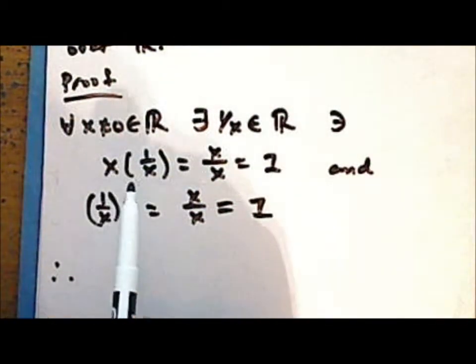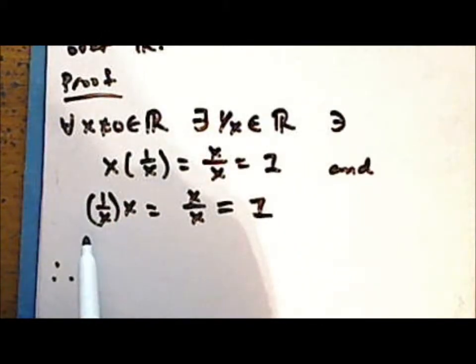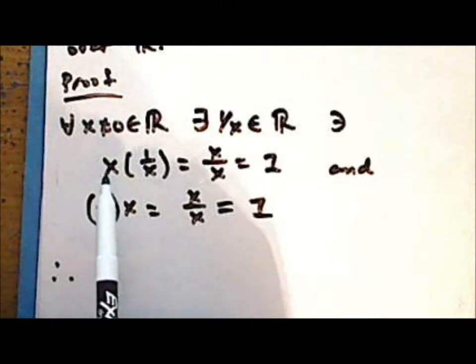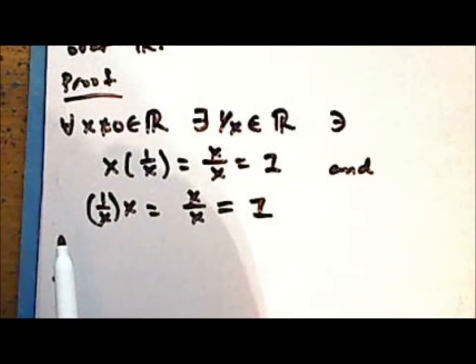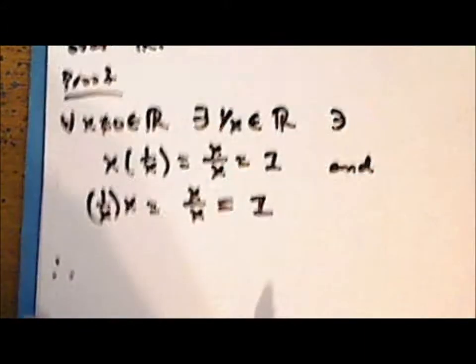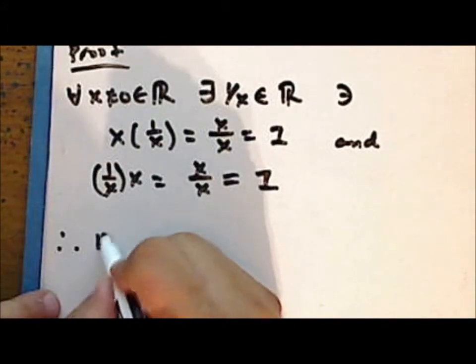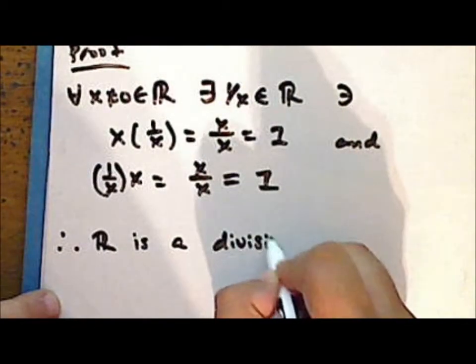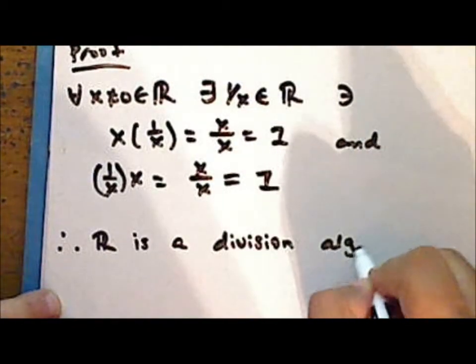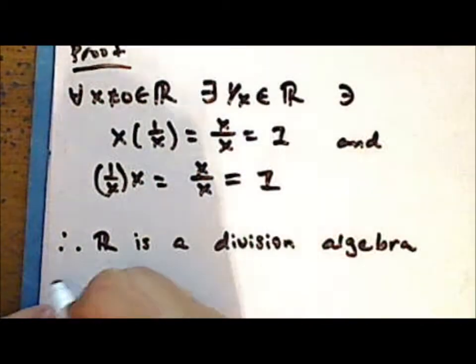And so for every non-zero real number, there exists a multiplicative inverse for which the product of the real number x with its multiplicative inverse in whichever order gives the multiplicative identity. And so the real numbers is a division algebra over itself.